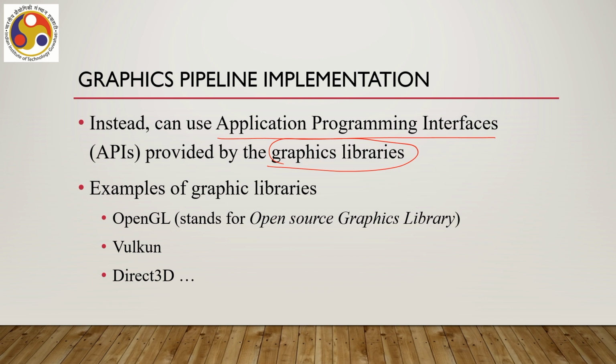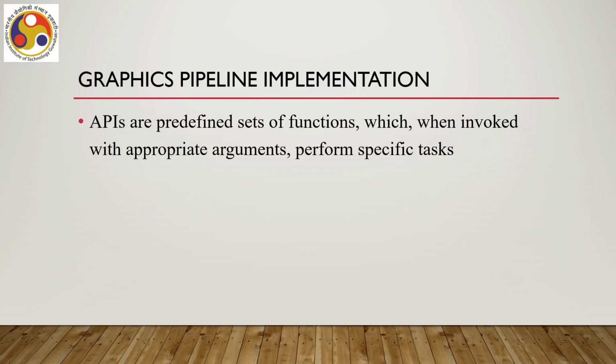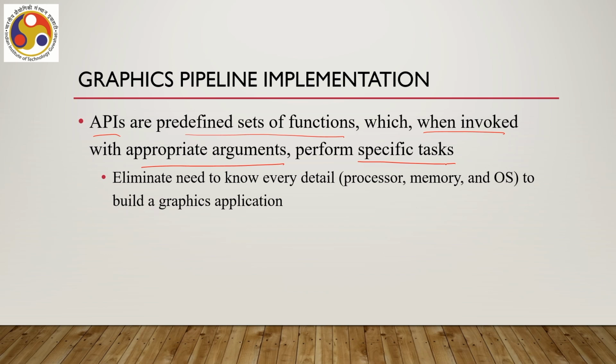Examples of such graphics libraries are OpenGL, which stands for Open Graphics Library, Vulkan, Direct3D, and so on. These APIs are predefined sets of functions which, when invoked with appropriate arguments or parameters, perform specific tasks. So, these APIs eliminate the need to know every detail of the underlying system or platform, such as processor details, memory details, and operating system details, to build a graphics application.